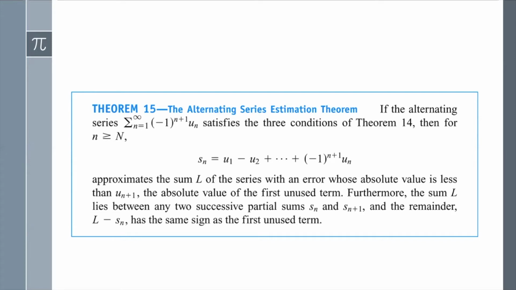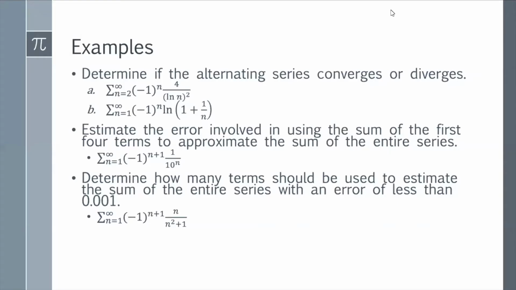So there's quite a lot to digest there, but really the highlight is the error in estimating the sum of the series with the first n terms is going to be smaller than the absolute value of the n plus first term. All right, so now we'll look at these examples. In the first two examples, we will determine if the alternating series converges or diverges.